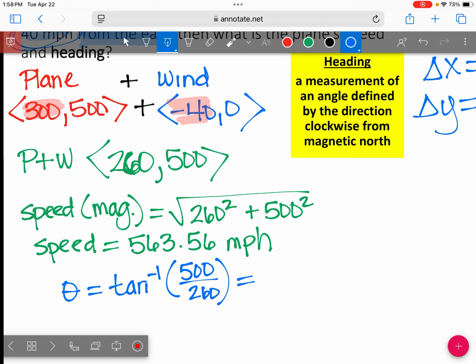When I type that in, I need to redo that because I didn't round my answer. So let me do that. Inverse tangent of 500 over 260.